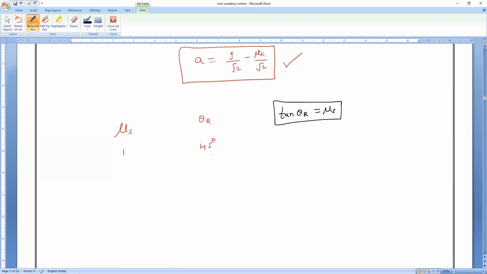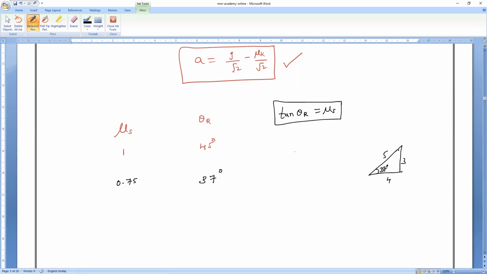Now if the angle of repose is 37 degrees, then the mu value will come out less than that, because theta is decreasing, so mu also decreases. 0.75 will come. What is tan theta for 37 degrees? 37 is a popular triangle, with sides 3, 4, 5.